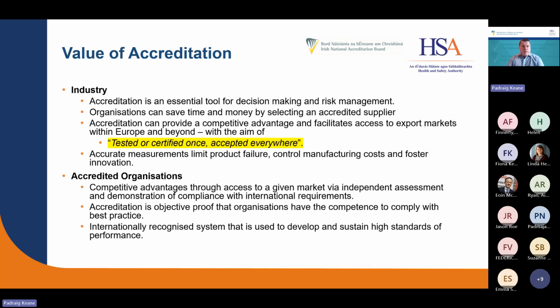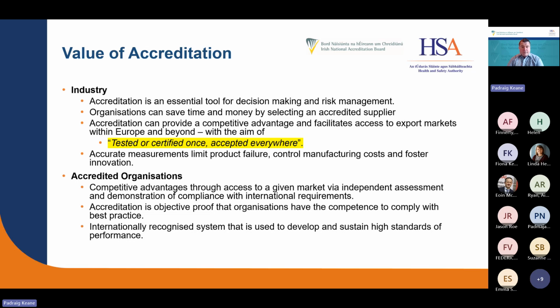For industry, accredited organisations can help in decision-making and management of risk. Organisations can save time and money by selecting an accredited supplier. It eliminates the need for the organisation to perform their own audits of their supplier if they can rely on the fact that they are already accredited for the service being provided.